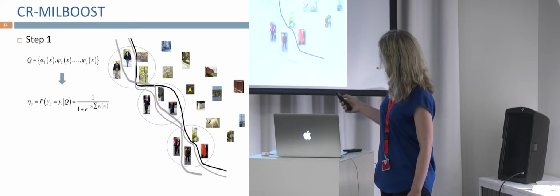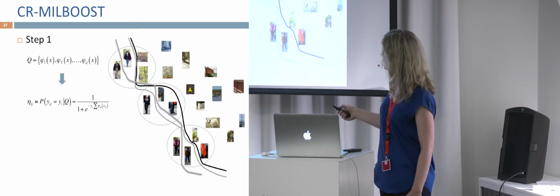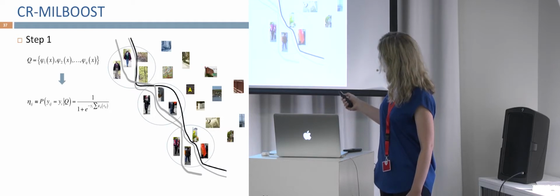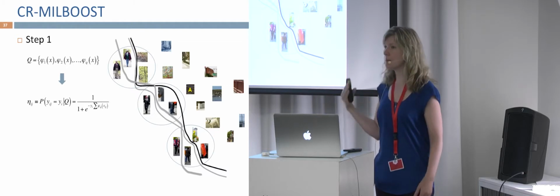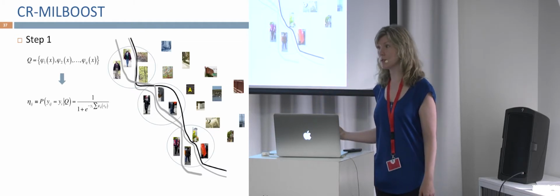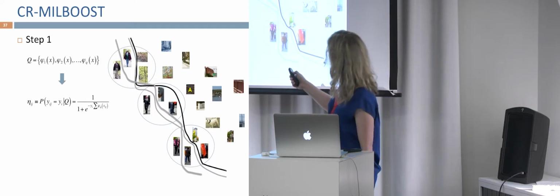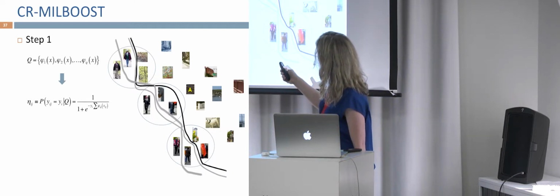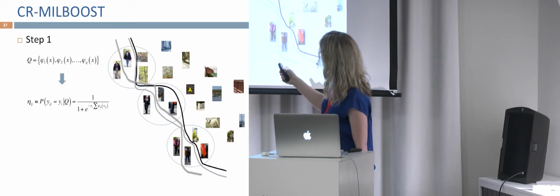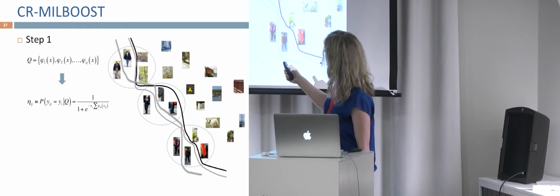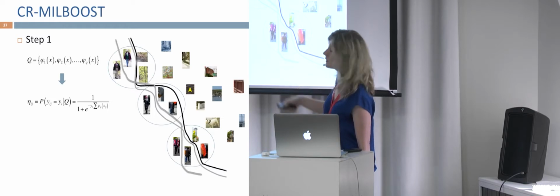And then after we do this, we compute, for each example in each positive bag, how many members of the committee think that's a positive example. So for this particular image, this classifier, this boundary here, thinks it's a negative example, but these two think it's a positive example.